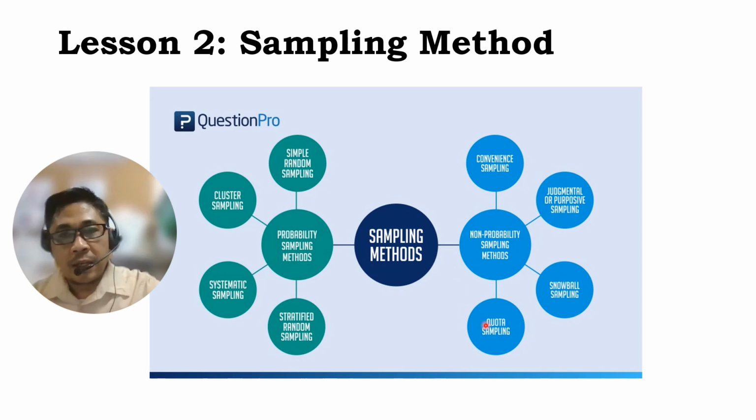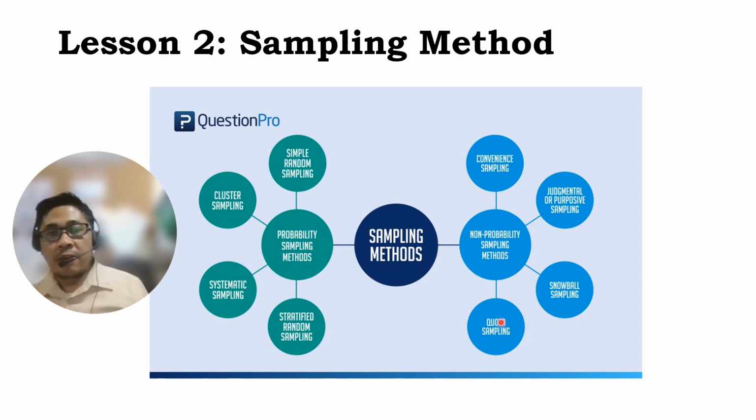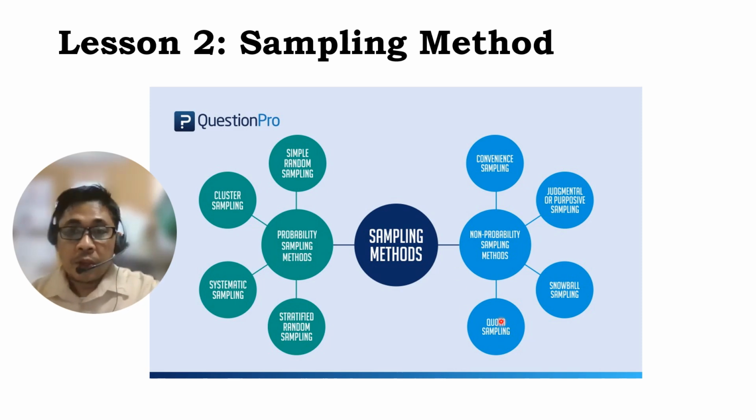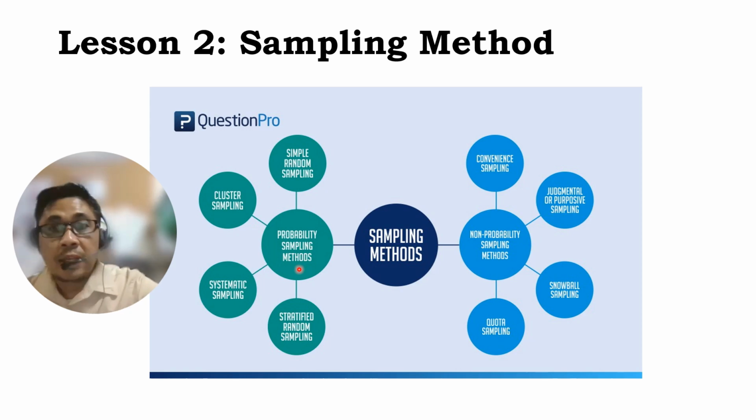So this is more of giving convenience to the researcher. Whereas here in the probability sampling methods, because this involves a computation of your possible sample size and a strict identification of your sample, because you would provide a criteria.